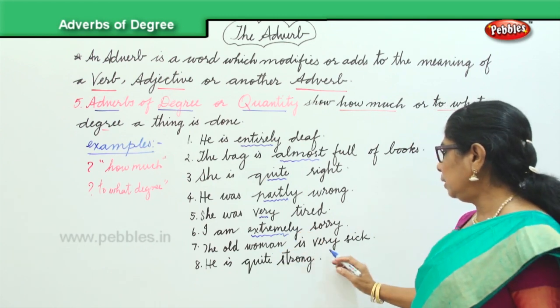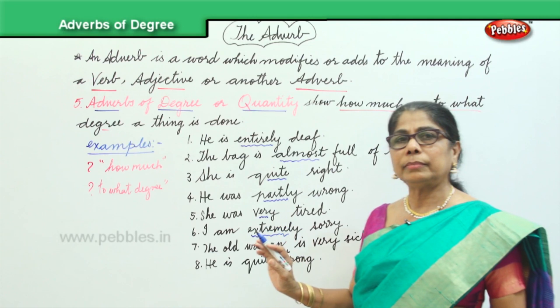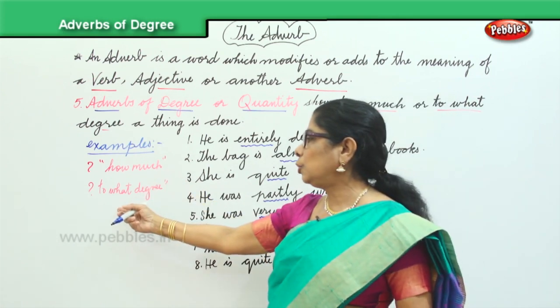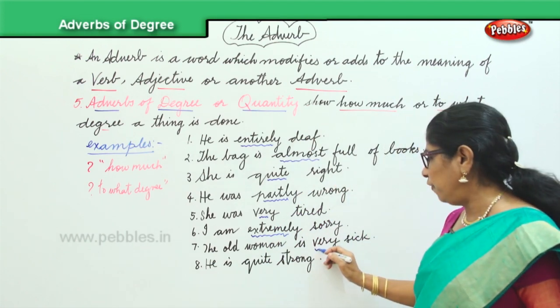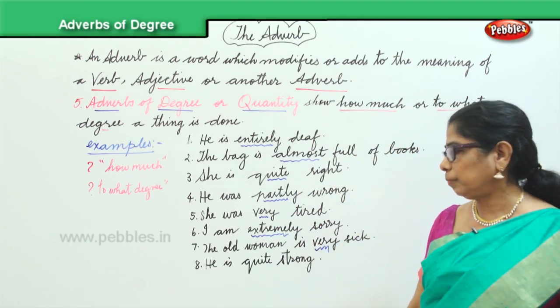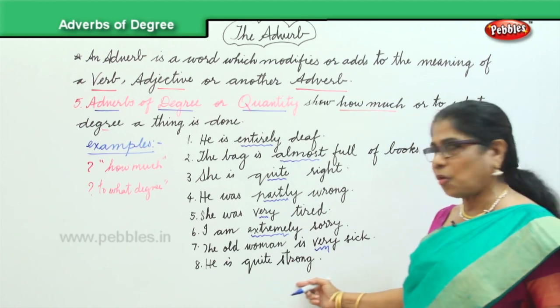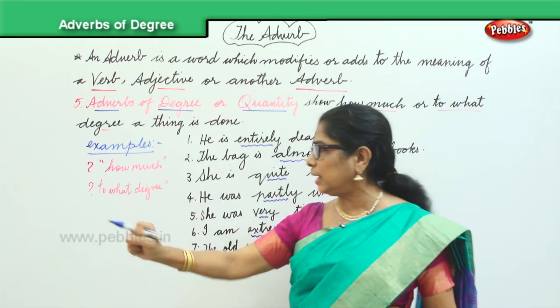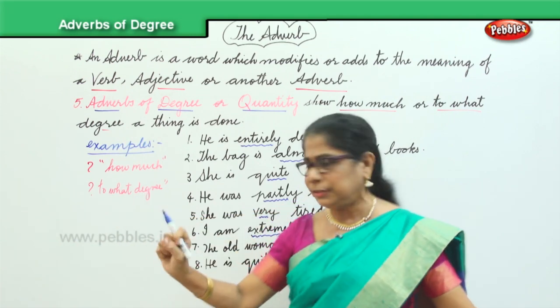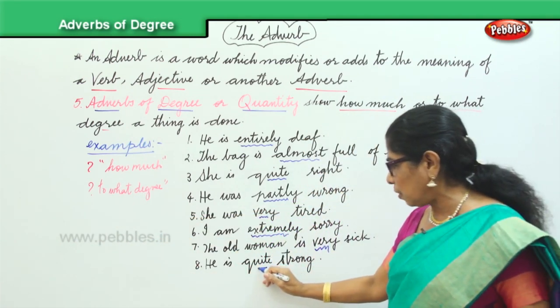The old woman is sick. To what degree is she sick? She is very sick. He is quite strong. He is strong. How strong is he? What's the degree of strength? Very strong. He's quite strong.